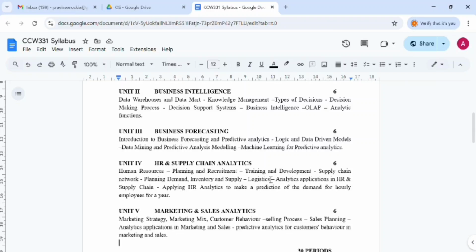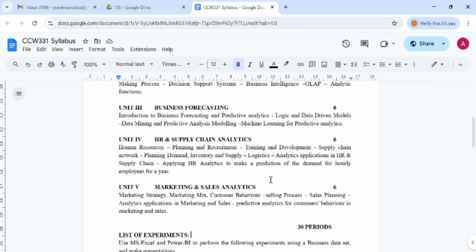It provides an introduction to business forecasting and predictive analysis, and a discussion of logic-driven and data-driven models. In this unit, we are going to talk about data mining techniques, predictive modeling approaches, and application of machine learning to make predictions. Suppose you have the data, from that we are going to implement machine learning algorithms. By using that, we are going to have predictive analysis.